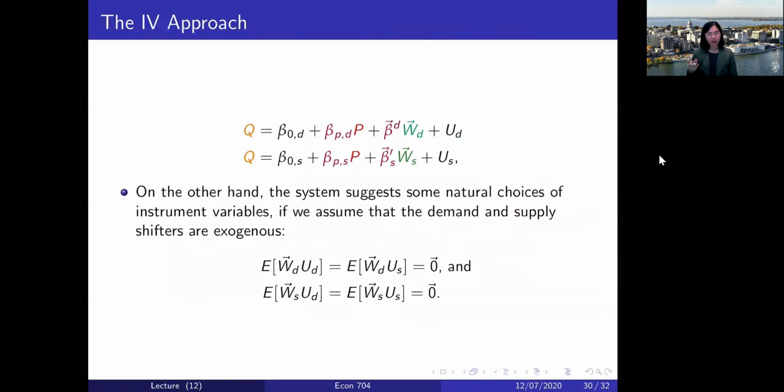So how do we solve this problem? We're going to use the instrumental variable approach. In fact, even though the system creates the endogeneity problem of P, the system also suggests some natural choices for instruments, also suggests some potential solutions to the problem.